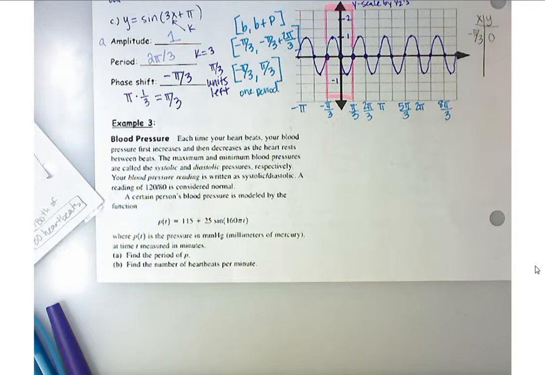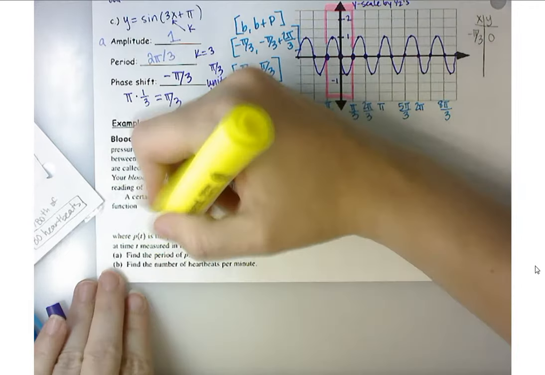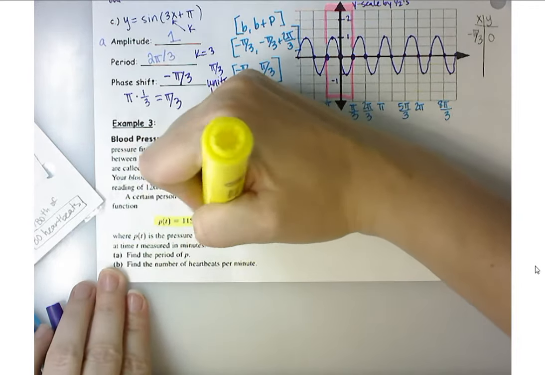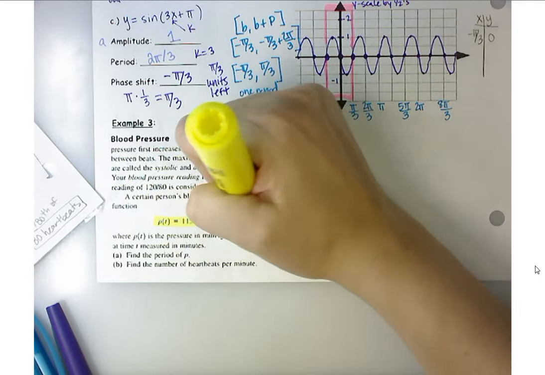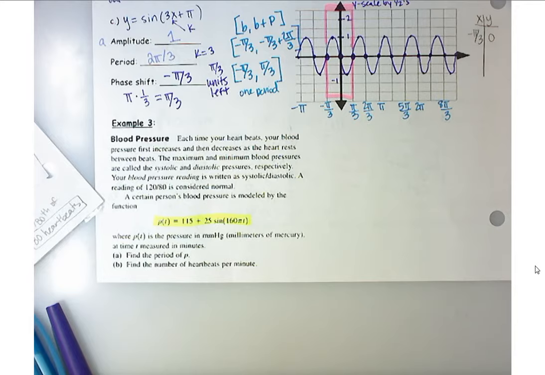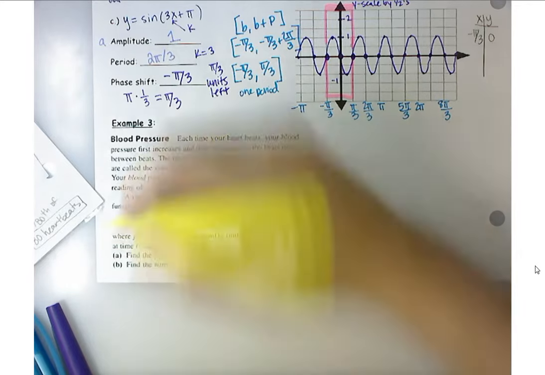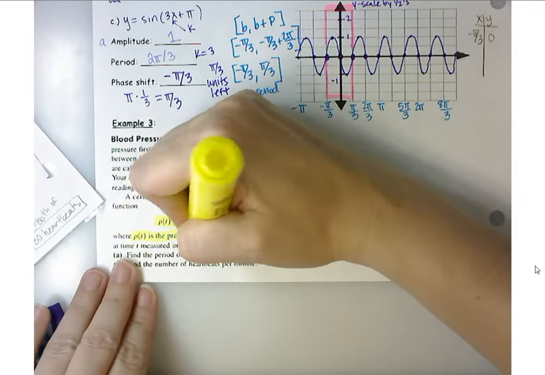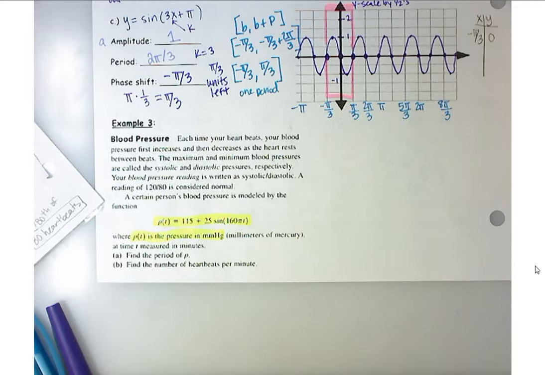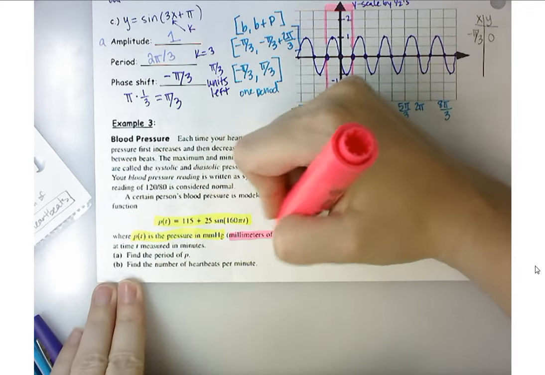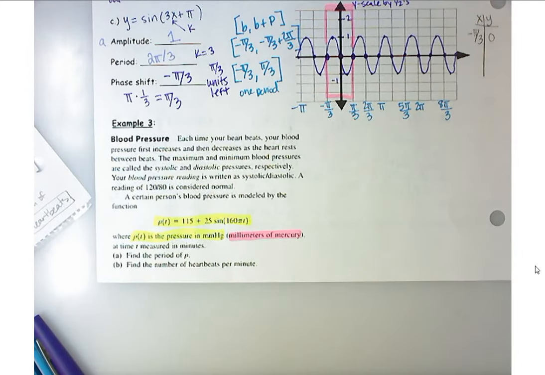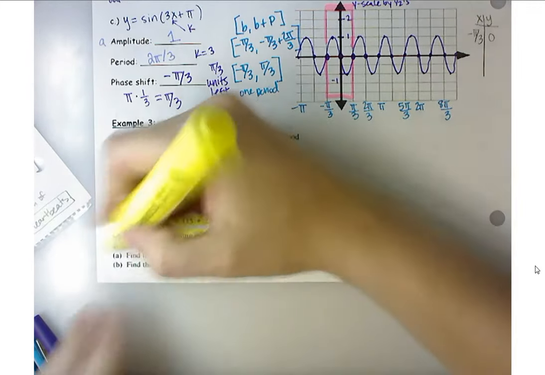A certain person's blood pressure can be modeled by this function. So you have P of T equals 115 plus 25 sine of 160 pi T. And it says P of T is the pressure in mmHg, which means millimeters of mercury. And then the time T is going to be measured in minutes.